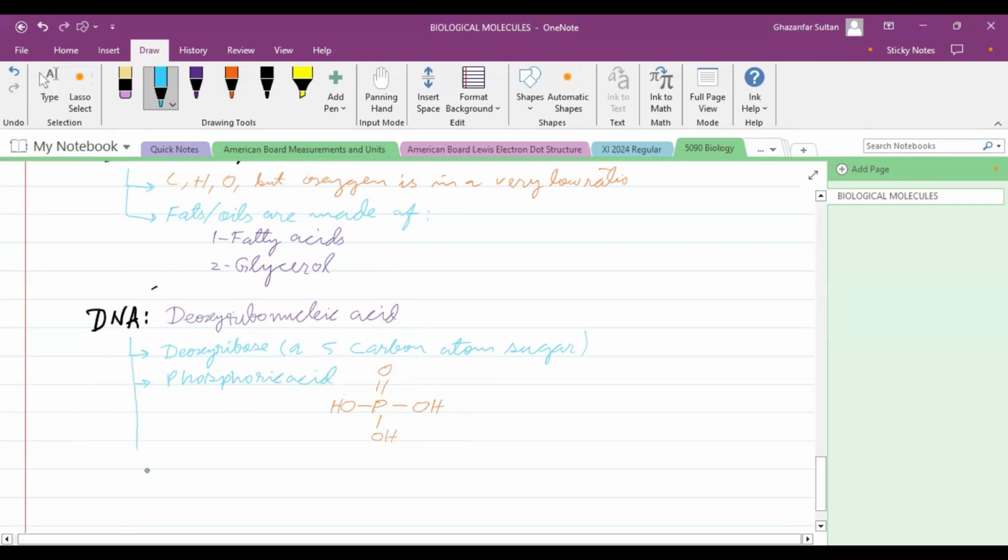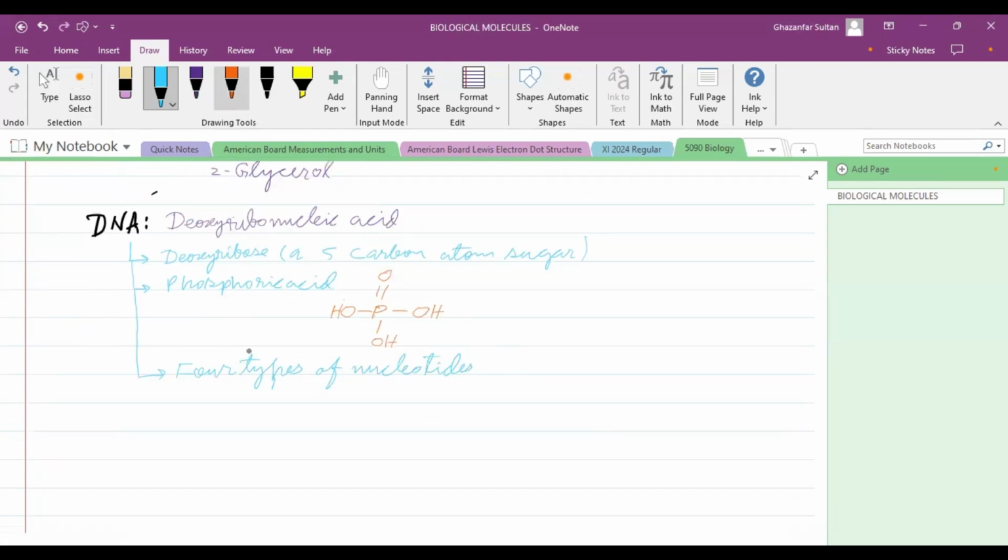And 4 types of nucleotides. And these 4 types of nucleotides are: number 1, adenine.